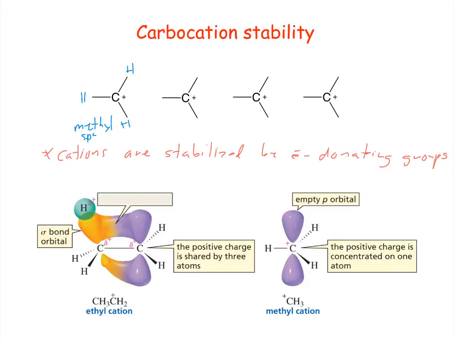So they have a p orbital on them, an empty p orbital. We could draw that up here. I'm going to draw this kind of from the side, so I'm going to use a wedge and a dashed line. So we're looking along the plane, and we're going to have this empty p orbital.